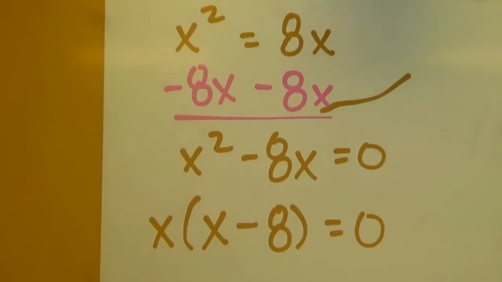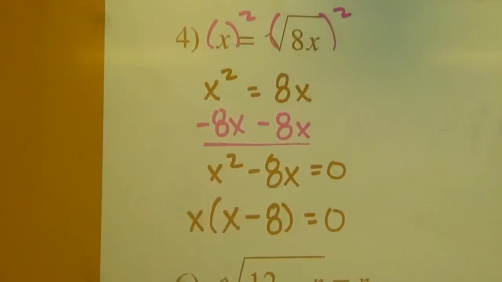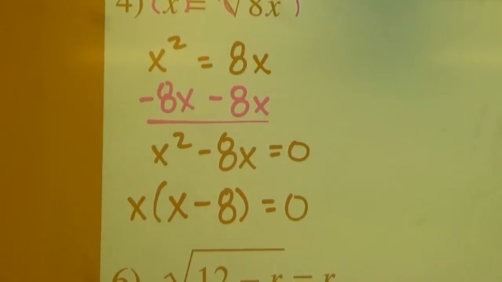So now, just like the last one, I'm going to set them equal to 0 and solve. So I'll have x equals 0 and x minus 8 equals 0. So x equals positive 8 over there on the right.